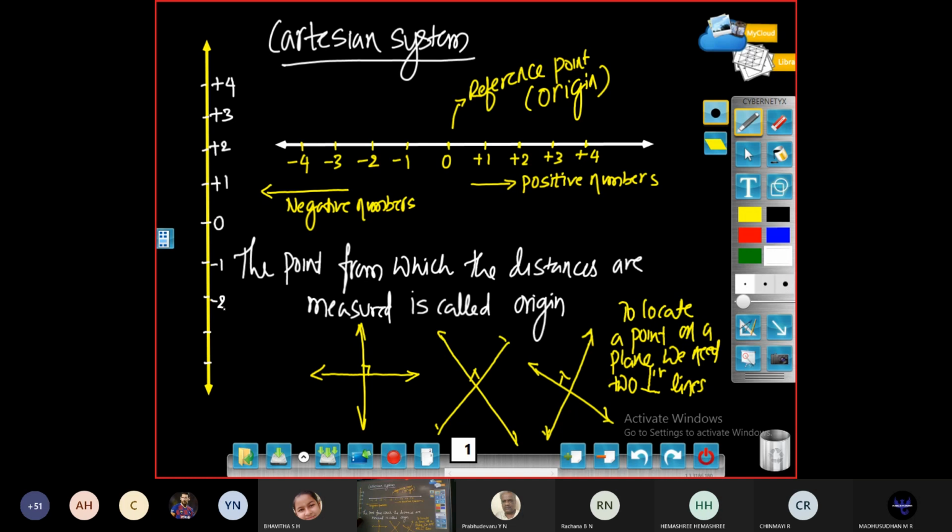In the downward direction you represent negative numbers like this. From 0, which is called the reference point, that is also called the origin. So when you are moving upward, you represent by positive numbers. These are all positive numbers. And in the downward direction you will get negative numbers.